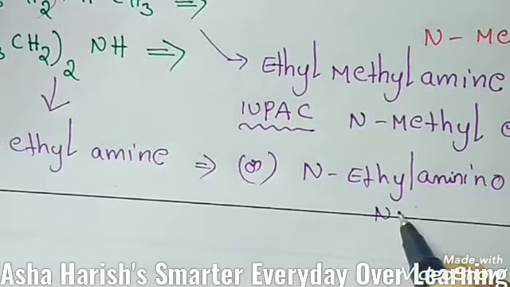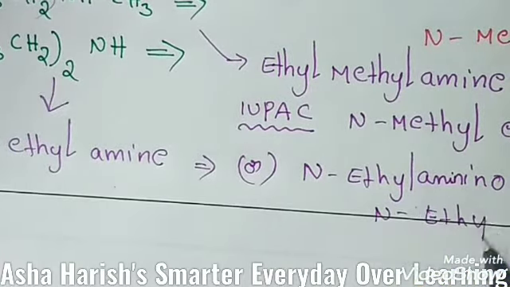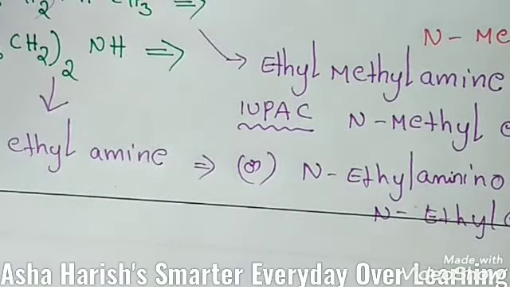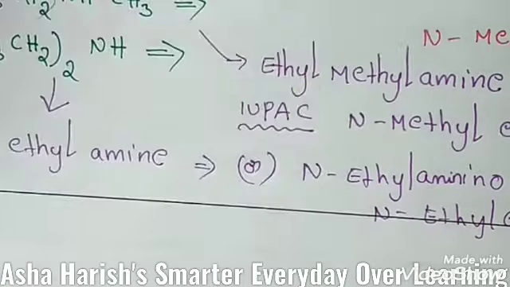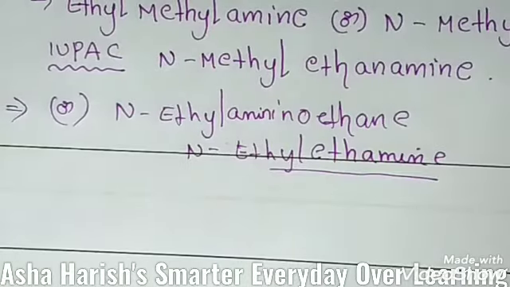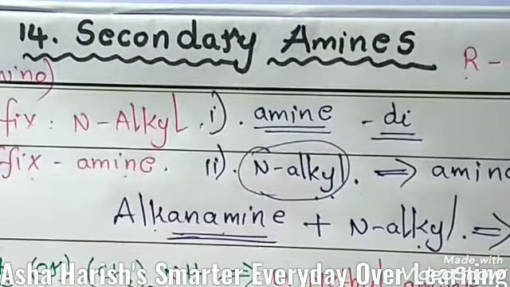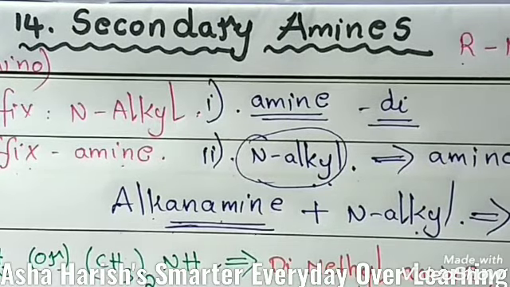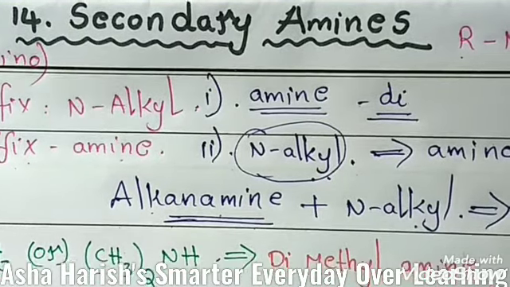The IUPAC name should be N-ethyl ethanamine. Ethyl ethanamine. And this is about the 14th one, secondary amines. Okay, let's start the 15th one, tertiary amines.